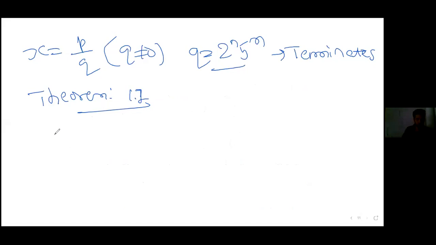Okay, then we can conclude that the decimal expansion of every rational number is either terminating or non-terminating repeating.